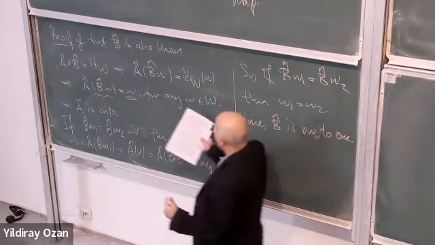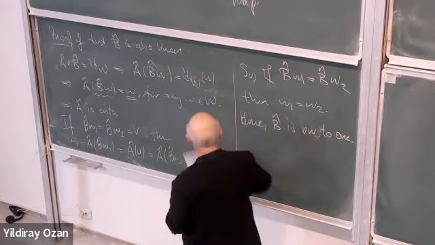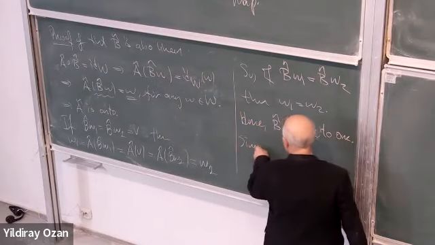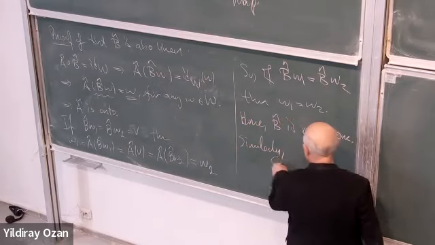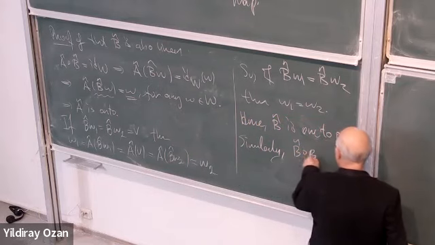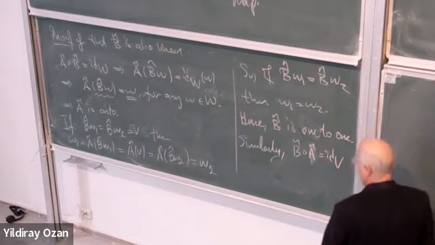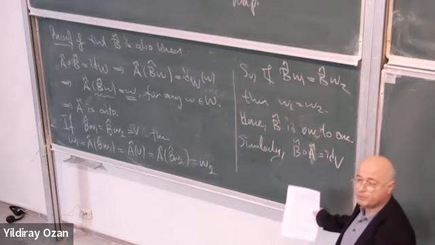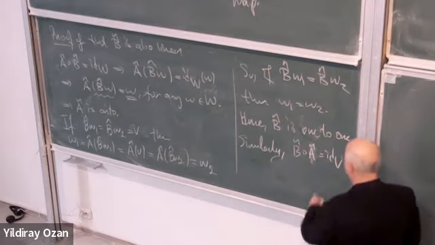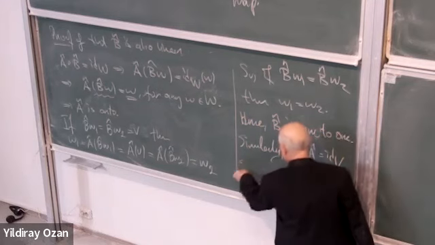But I have also the other way around relation. Similarly, we have B hat composition A hat is identity of V. And this will give me which properties?